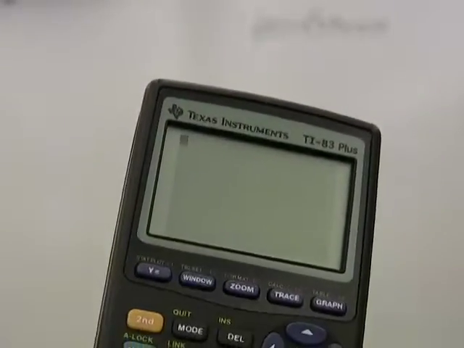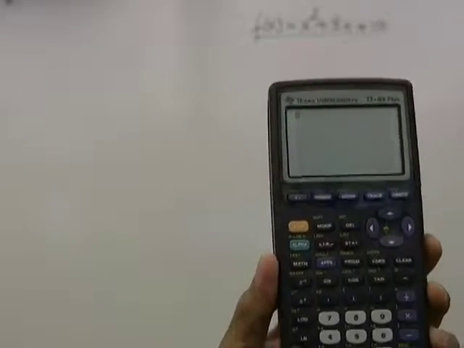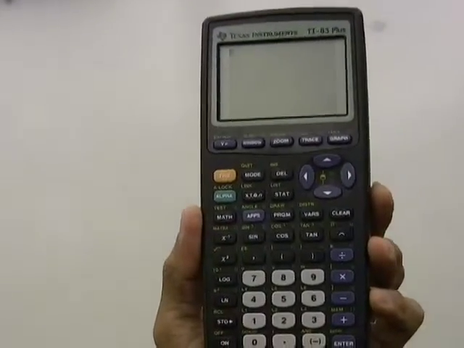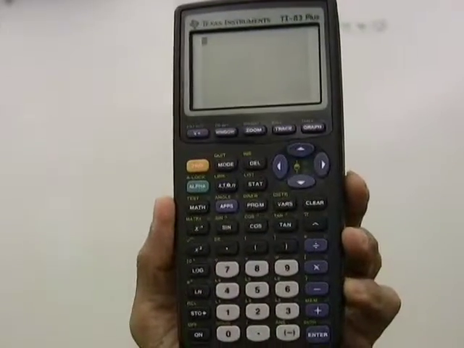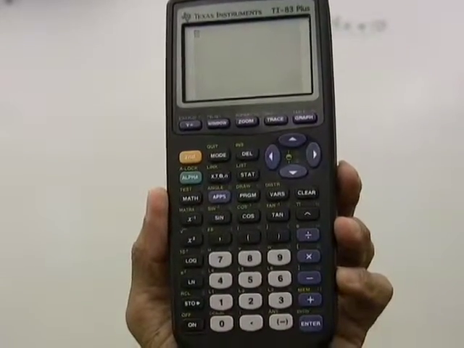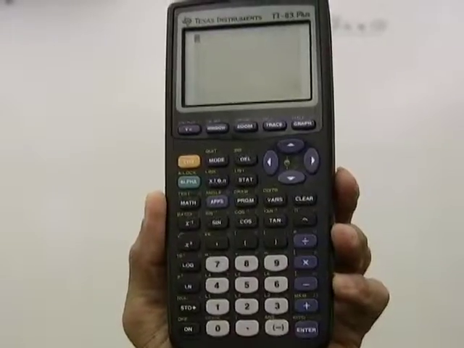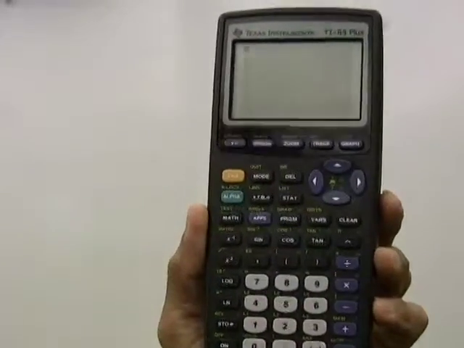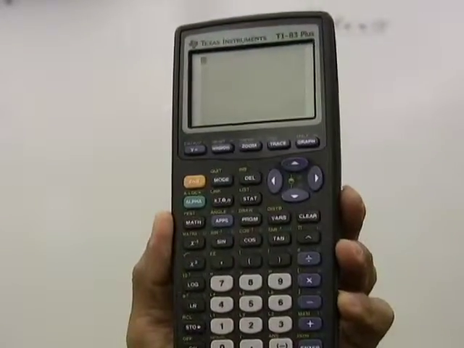Let me now show you how to use a TI-83 or TI-84. Remember, the TI-84 and TI-83 have the same key structure. So I'm going to show you how the TI-83 can be used to find these values when the functions are rather difficult.